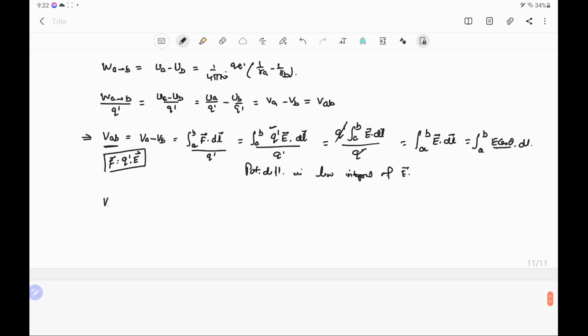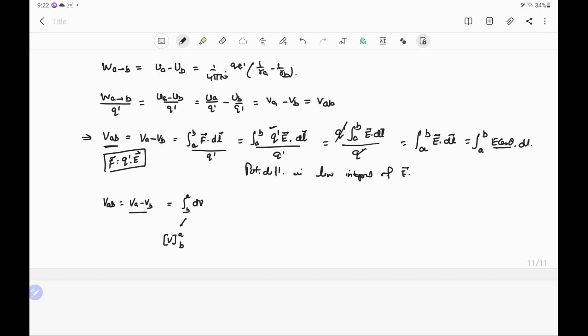We have said that VAB equals VA minus VB. This is the potential difference between the points A and B. And if we describe this in terms of the integral of dV, then A will be at the upper limit and B will be at the lower limit. Because if we integrate dV, it will give V, and the integral of dV is V, evaluated between the lower limit and the upper limit.